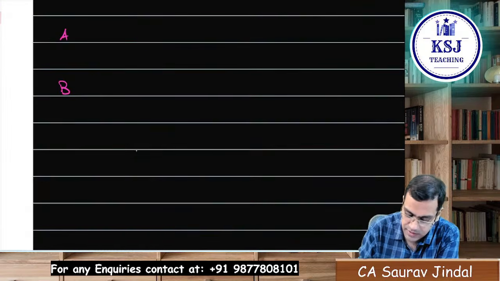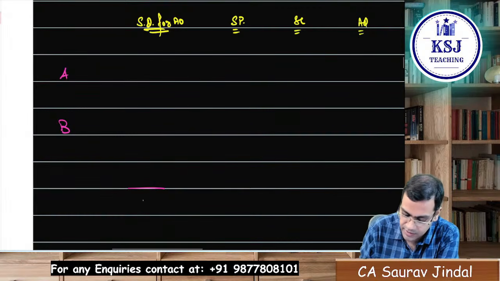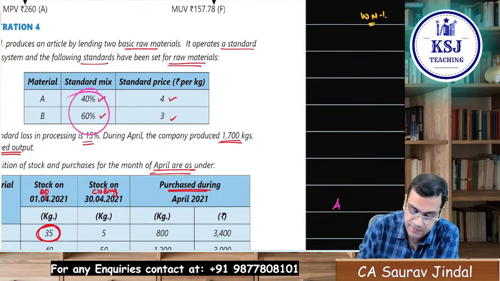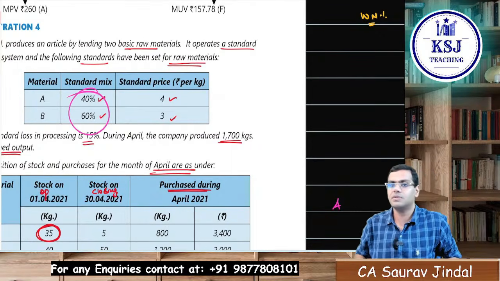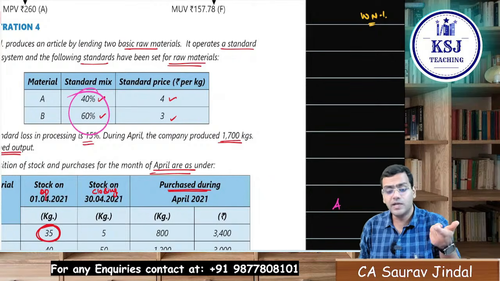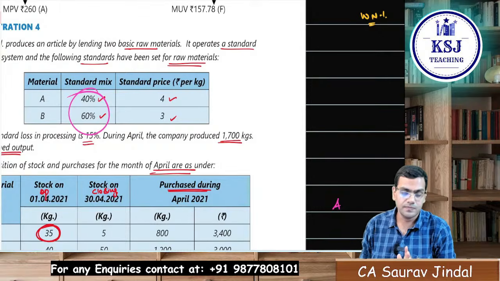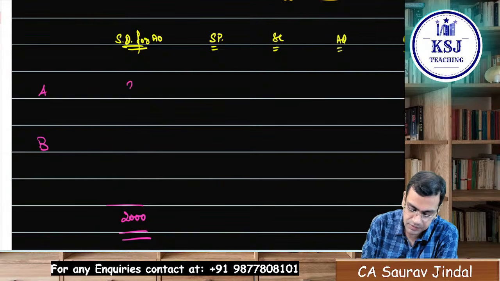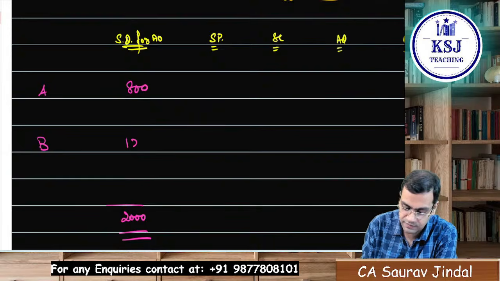What is the total standard quantity? That is 2000 kg. Now this 2000 kg is to be distributed in which ratio? The standard mixture is given to you, that is 40% and 60%. So that means this 2000 kg, the total standard quantity, was planned to be distributed in 40:60, right? That is 800 and 1200.